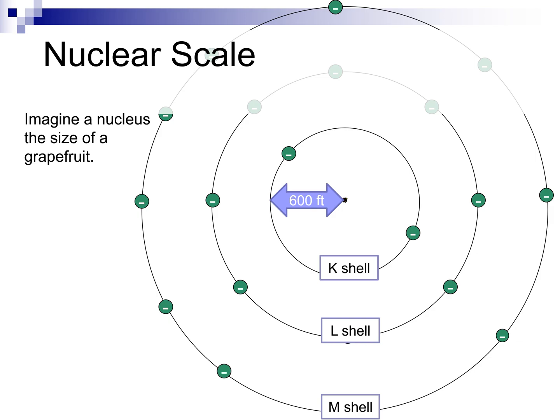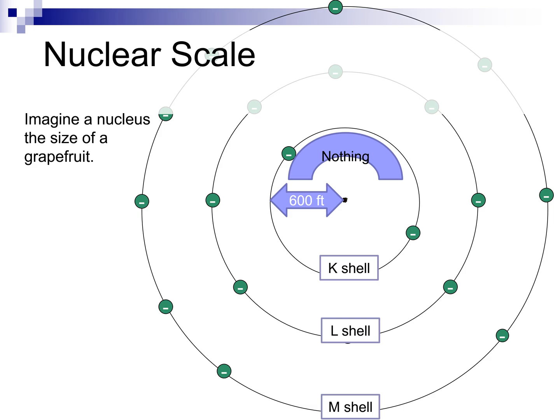With the grapefruit nucleus, the first electron shell would be about 600 feet from the center. And if you ask what is in this space, there's nothing in this area of the atom. No air, no matter literally exists inside this space.